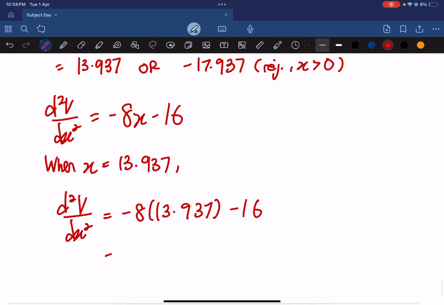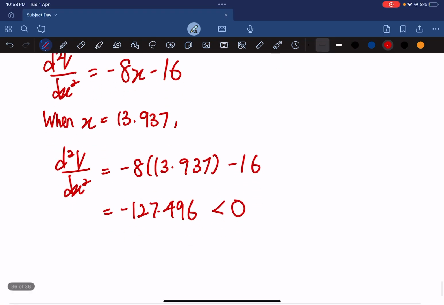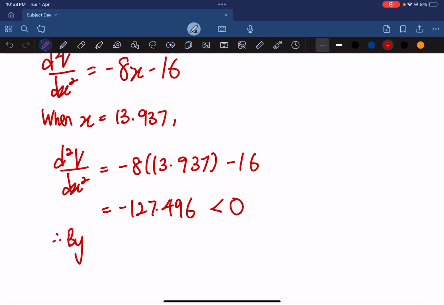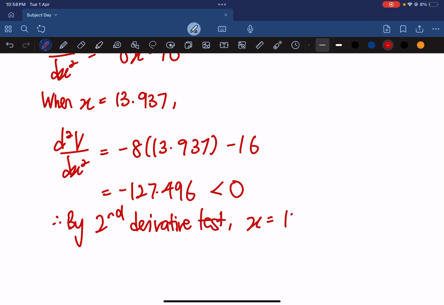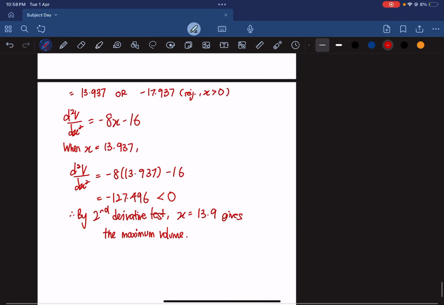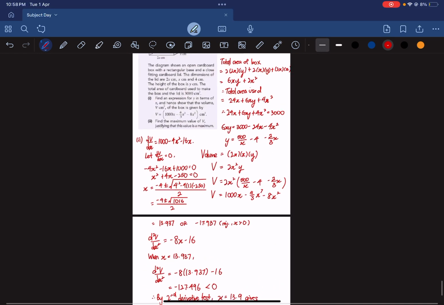I'll get negative 127.496, which is less than 0. Therefore, by the second derivative test, x equals 13.9 gives the maximum volume. And with that, I've answered question 5.